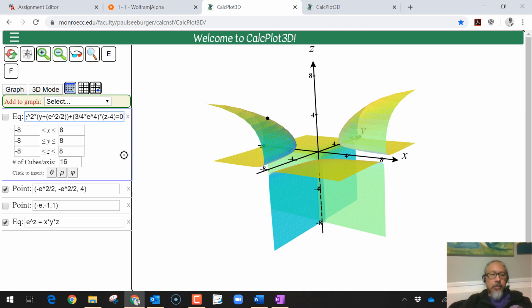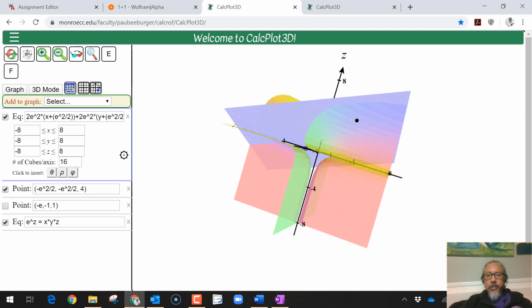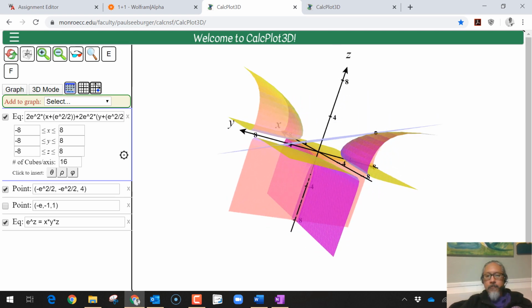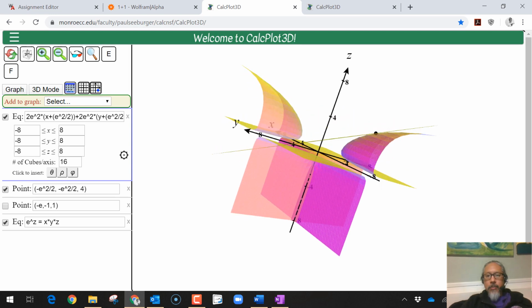And then let's set that equal to 0. Okay, so here is our tangent plane, tangent to that surface at that particular point.